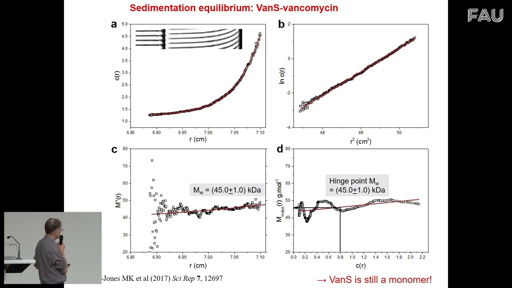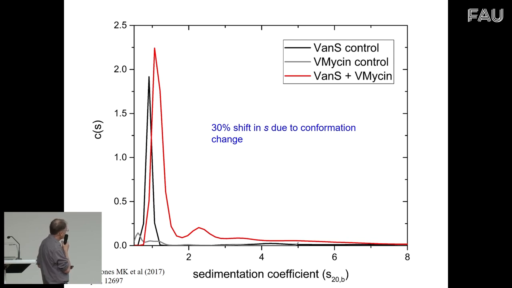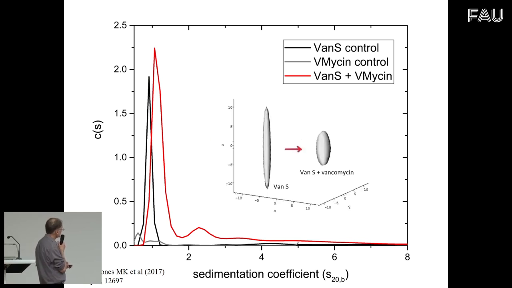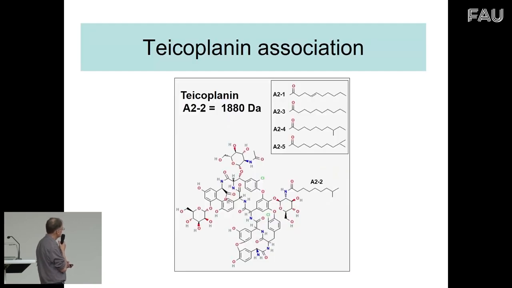Again, I stress that. So if that's the case, then the shift in S must be due to a conformation change. And so it shifts, with Ellipse 1, to a much more compact molecule, which apparently is consistent with its function.